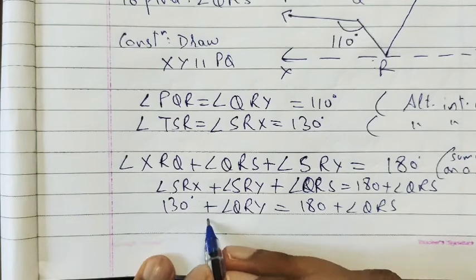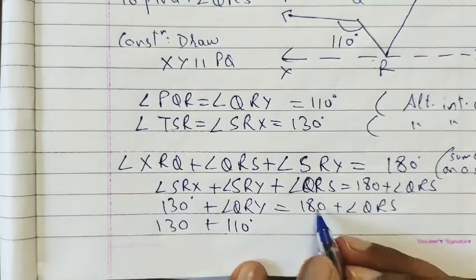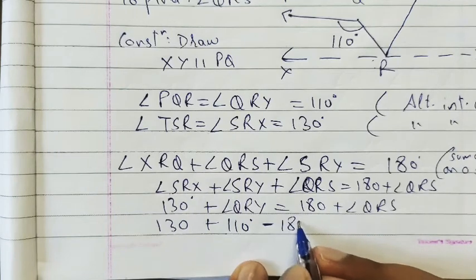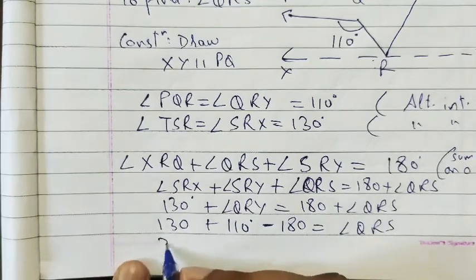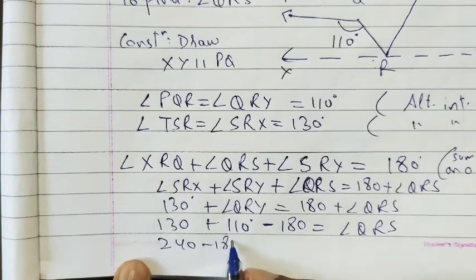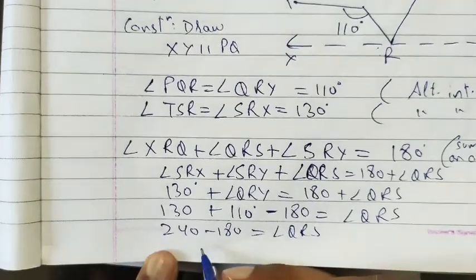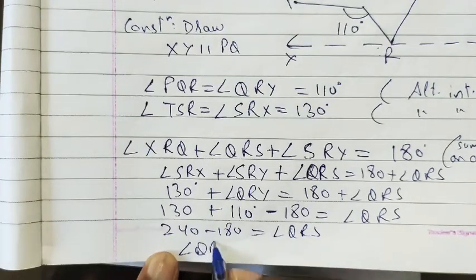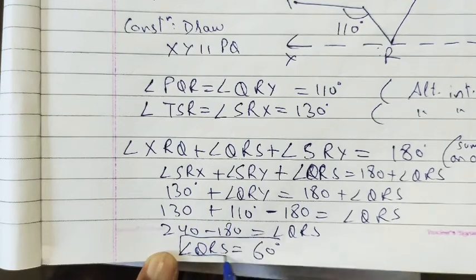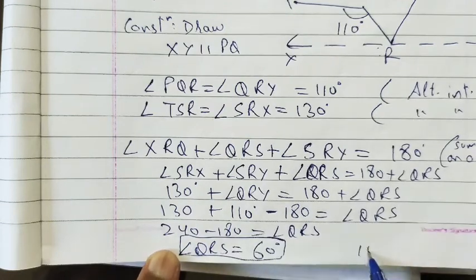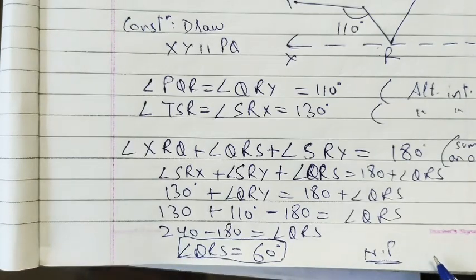So this is 110 and 130. Now taking this 180 across, 240 minus 180 is equal to angle QRS. So angle QRS is equal to 60 degrees. This is our answer, hence proved.